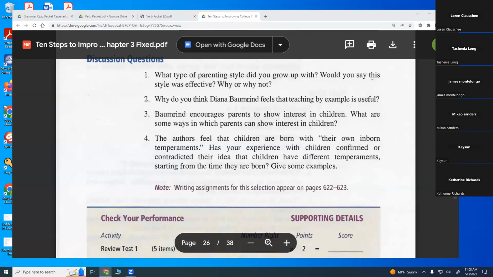Probation officer, Scott Murphy. Yeah, Scott Murphy.